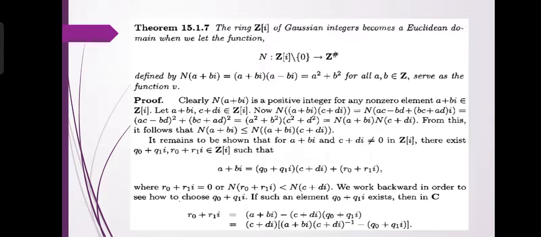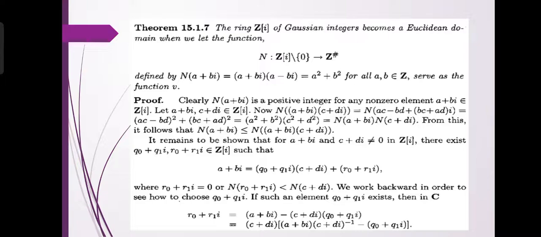Proof. Clearly, N(a + bi) is a positive integer for any non-zero element a + bi belonging to the ring of Gaussian integers. Let a + bi, c + di belong to the ring of Gaussian integers.